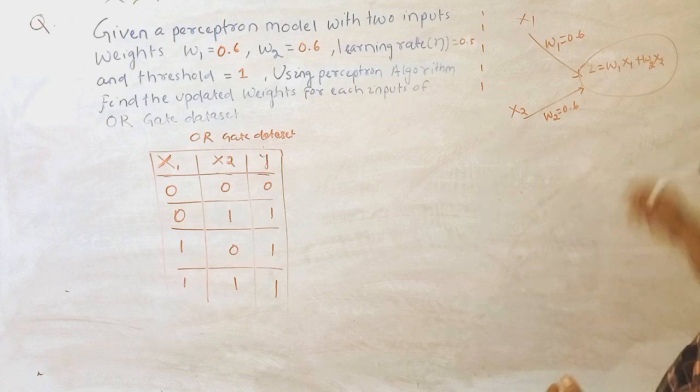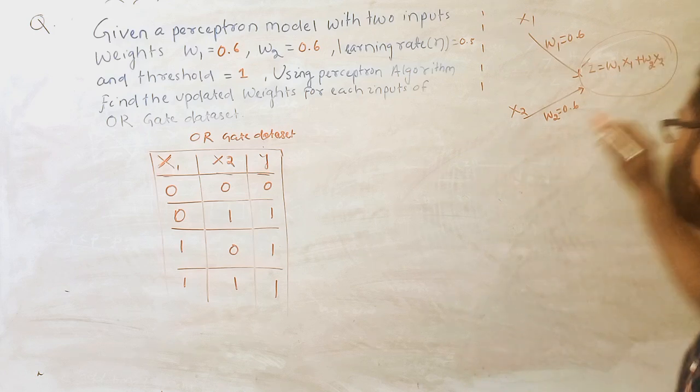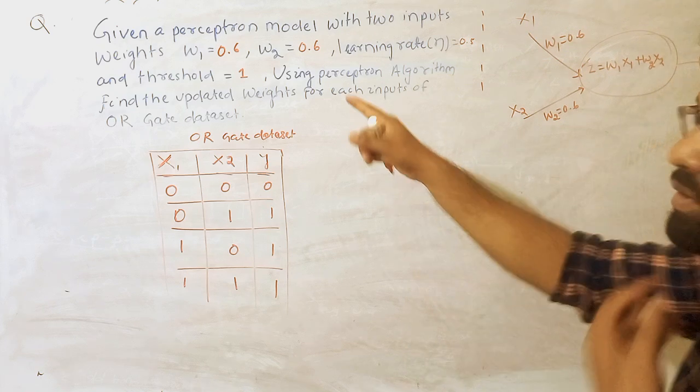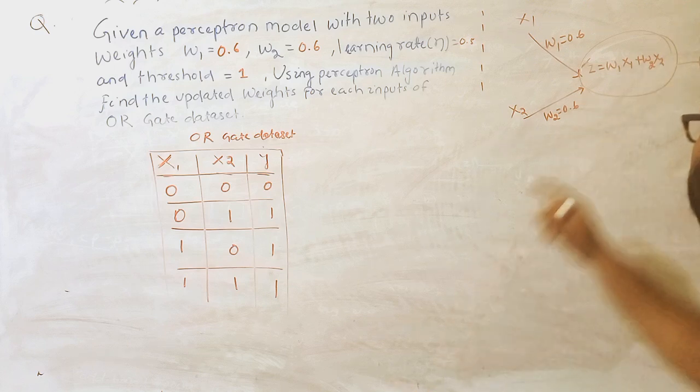Whatever result we get from here is provided to the activation function, and the threshold value is 1. The activation function will produce the output y cap. Let me write the activation function part.